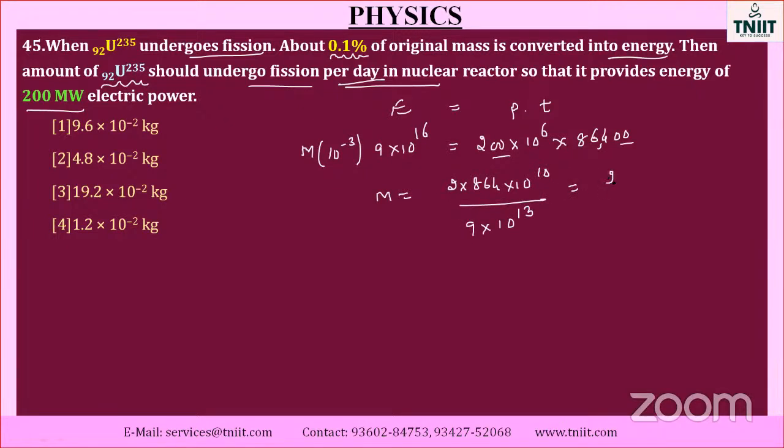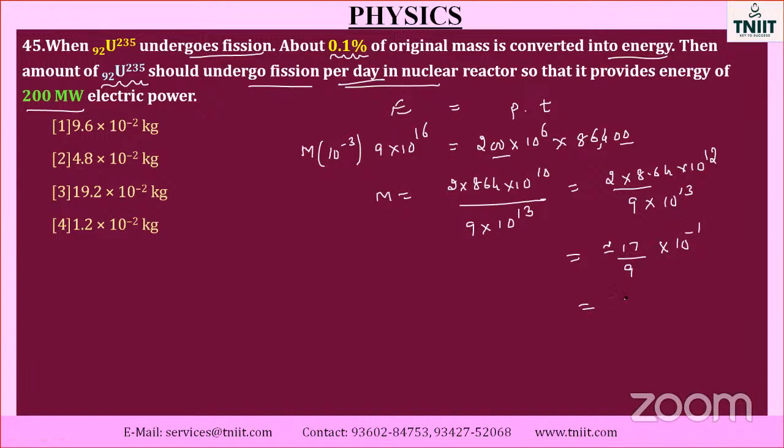This approximately you can tell 2 into 8.64 into 10 power 12 divided by 9 into 10 power 13. So this is approximately 17 divided by 9 into 10.